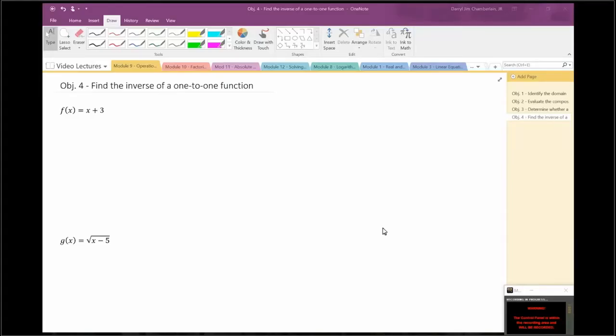So, in the last video, we started by asking the question, when is f of g of x equal to g of f of x? And we got a little sidetracked looking at one-to-one functions.